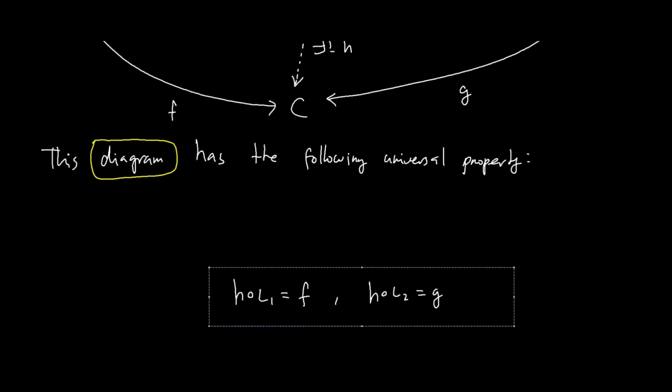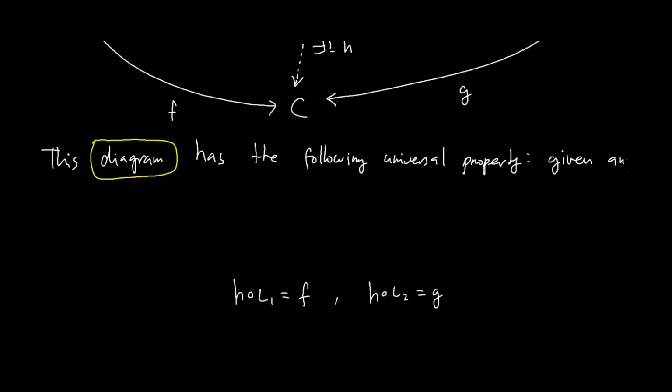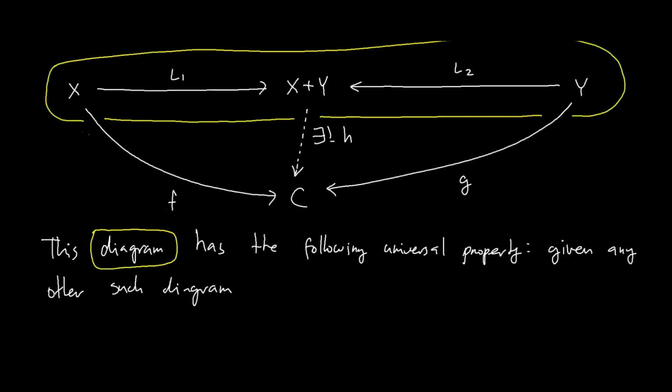The universal property states that given another such diagram, and in fact, given any other such diagram, and I'm going to represent that with a green enclosure.